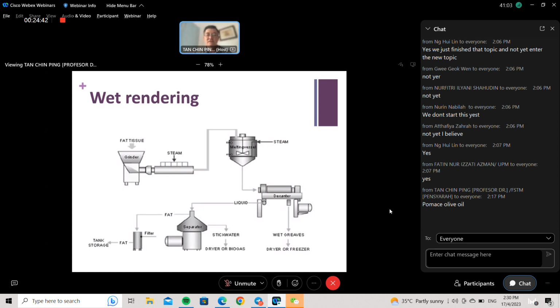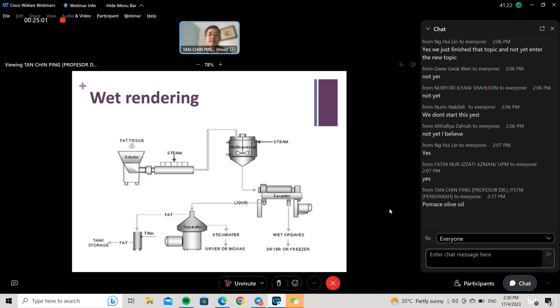Both are centrifuges. So if someone asks you what is the difference between a decanter and separator, a decanter is a horizontal centrifuge. So it's a horizontal type, you spin this way, while a separator is a vertical type, so you spin vertically.